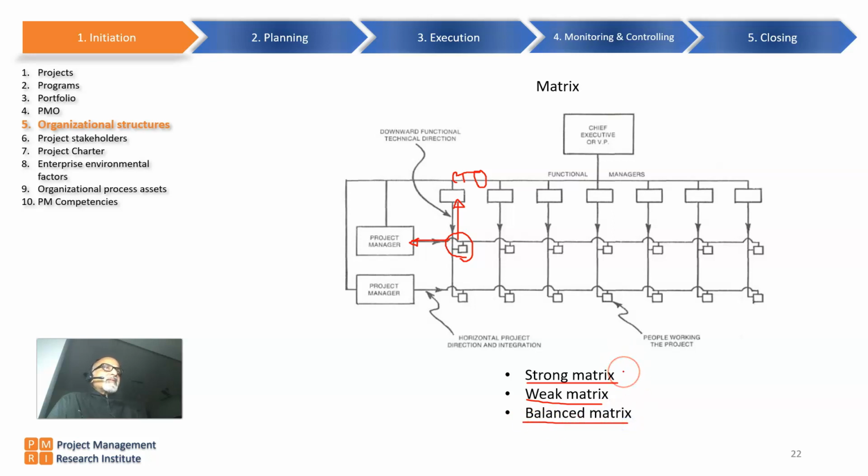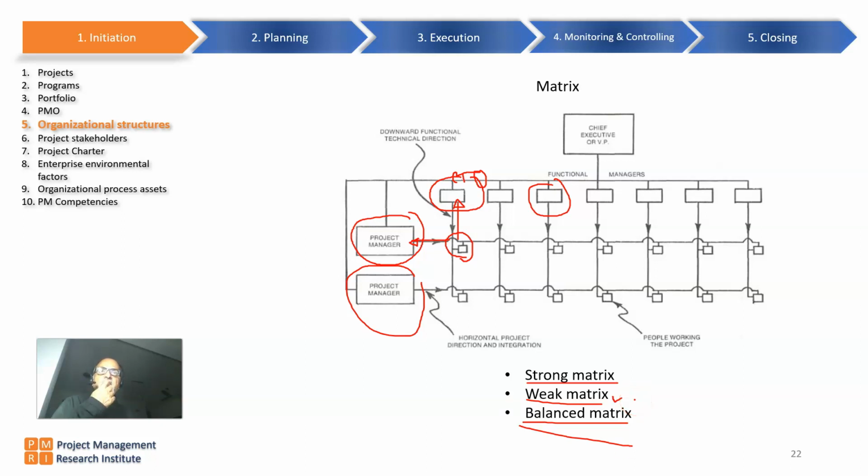In a strong matrix, the project manager will have more authority than the functional manager. In a weak matrix, the functional manager will have more authority than the project manager. Whereas in a balanced matrix, both the functional manager and the project manager will share the same amount of authority between them.